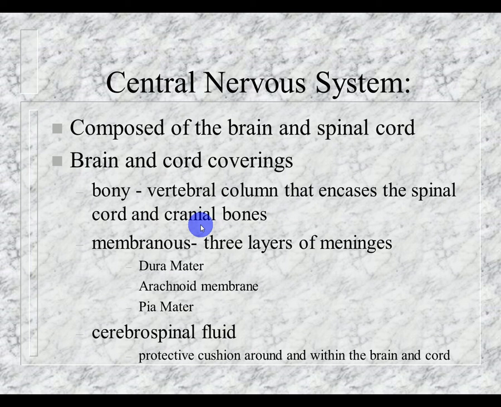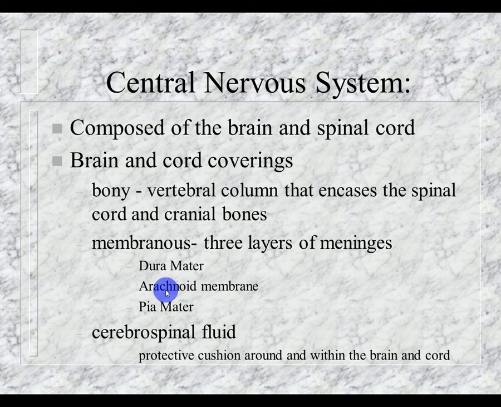You've got the first one, the dura mater, which is what I call the tough mother. That's the white, fibrous, outermost layer, and it's there to protect. Then you've got the arachnoid membrane, and this is your cobwebby, delicate membrane. It's the middle layer, and that's where your cerebrospinal fluid is produced.